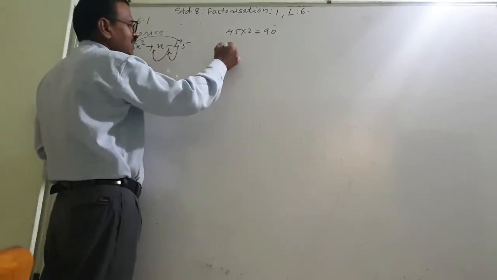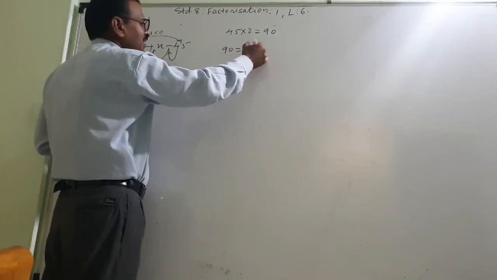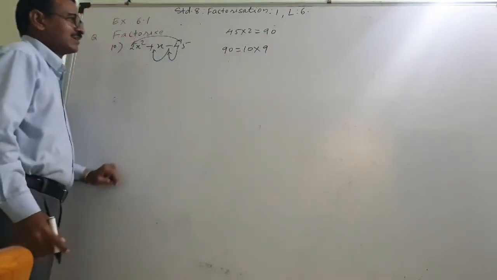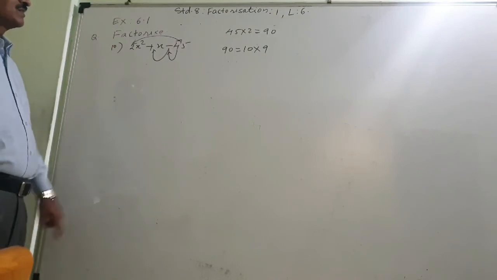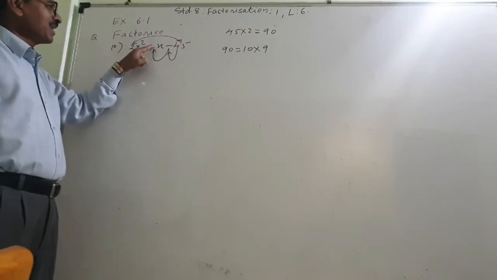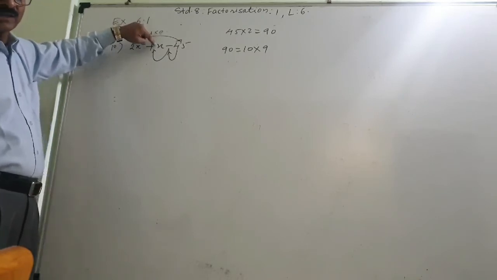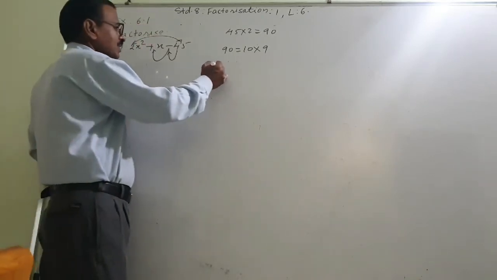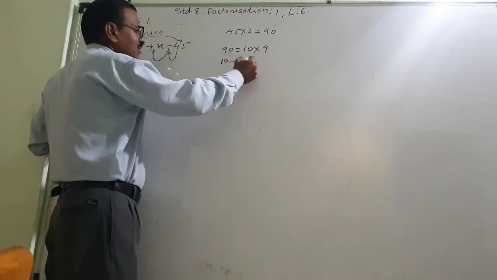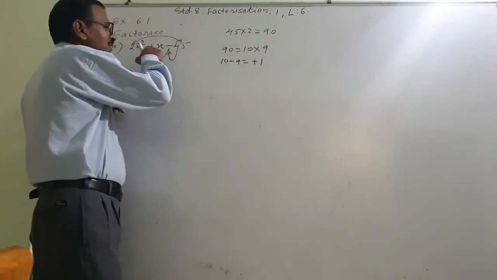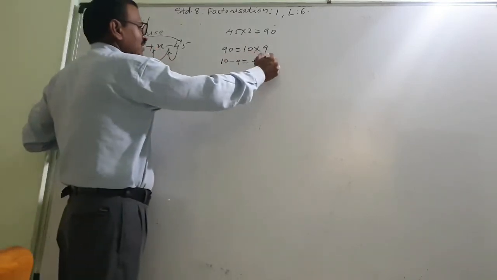So 90 is equal to 10 into 9. See their subtraction, it is coming 1. Isn't it? So 10 minus 9 is equal to plus 1, because I want plus 1. So this is my work.